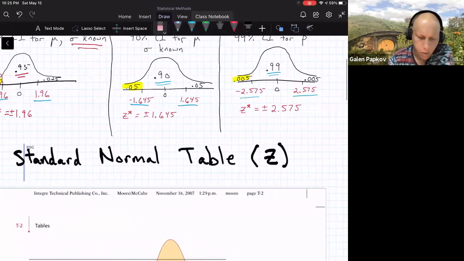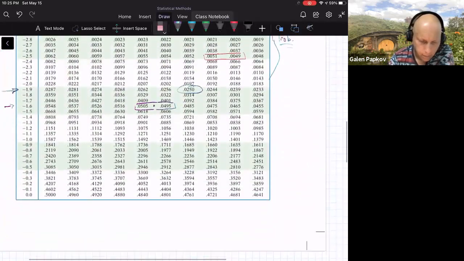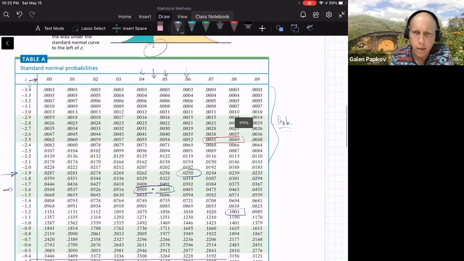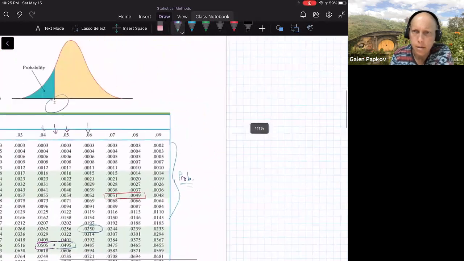And when you look for 0.1, I see is closest to 0.1003, which corresponds to plus or minus 1.28. And that's how I got my answer there.